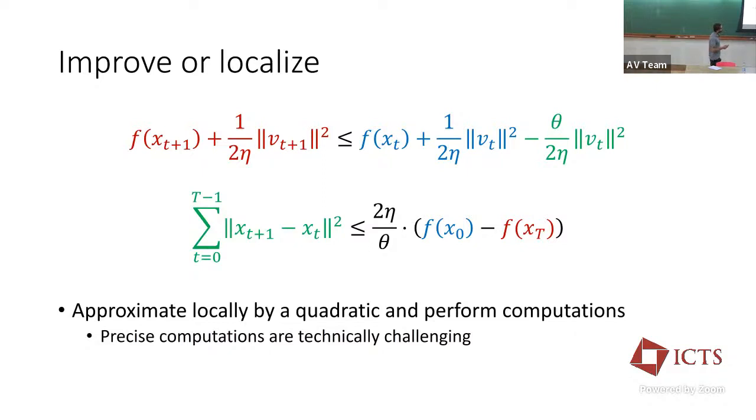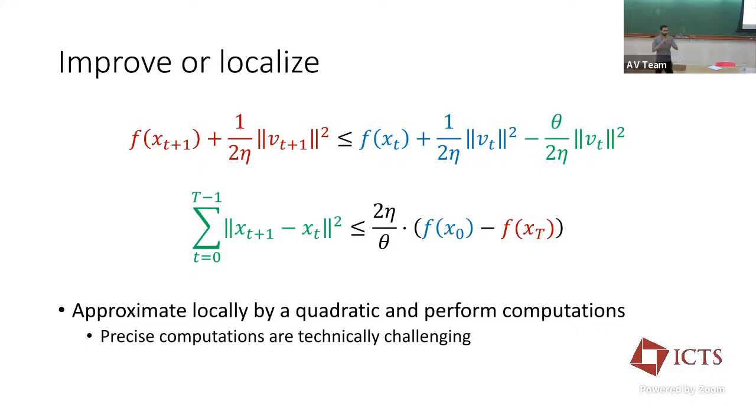Now we can again have this improve or localize, meaning that either the function value decreases significantly or the total amount of movement that the iterates have made is very small. This then again helps us to approximate. If the function value has not decreased significantly, it means that the iterates are all confined to a small region. Within this small region, we can again approximate the function locally by a quadratic function and perform computations exactly for this quadratic.